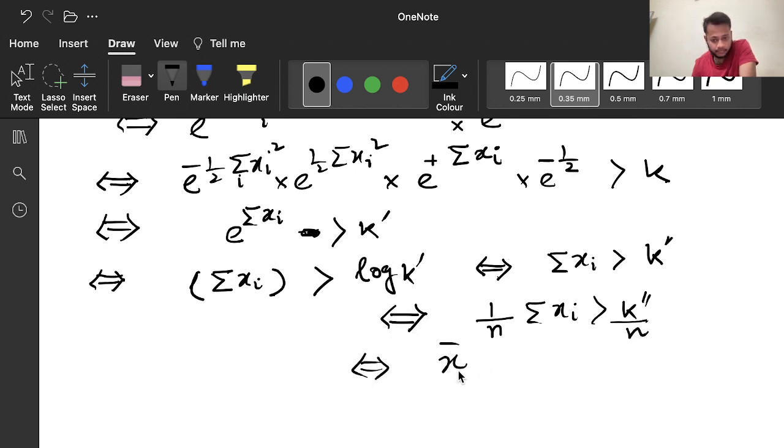Now multiply it with root n, that will become root n x bar greater than root n k double prime. So this is a constant.